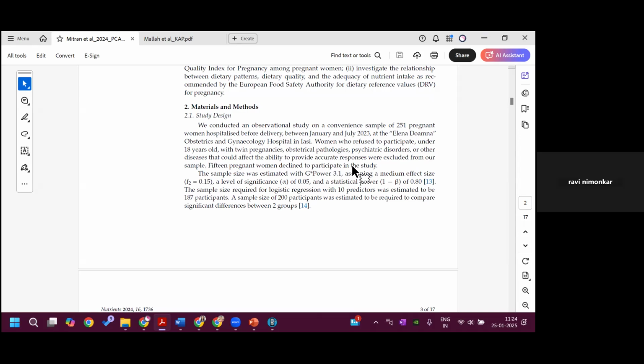But then, ma'am, you would have a hospital registry of so many people listed who are going to be coming. Perhaps they could have drawn a sampling frame from that. But it depends. In our setup, we can't assume that, ma'am, because people come when they are already dilated and then they are entering.